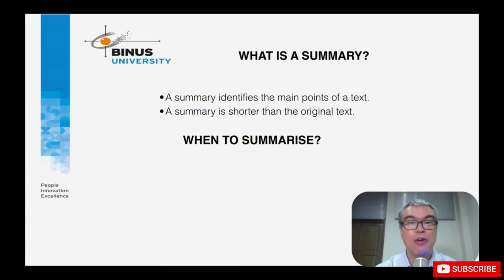Now, an important question that you need to be clear about is, when do you need to summarize? And these are the situations that I would suggest. So the first situation is when you do not need to cover the details. You only need to provide the main points and ideas of another writer.